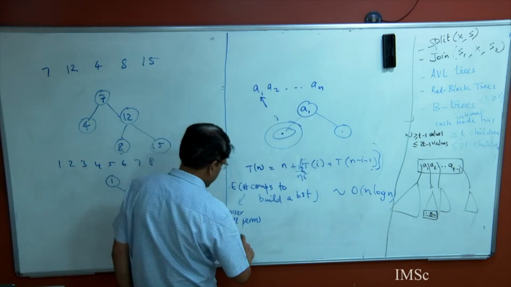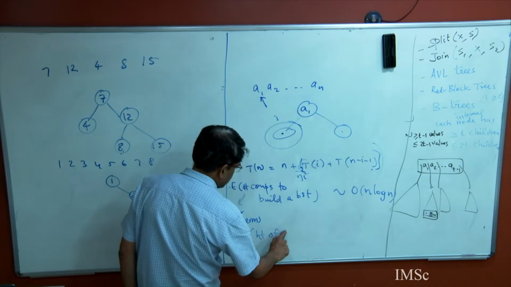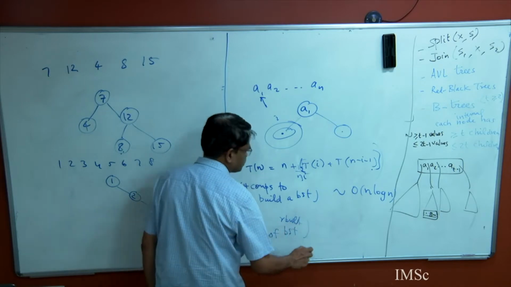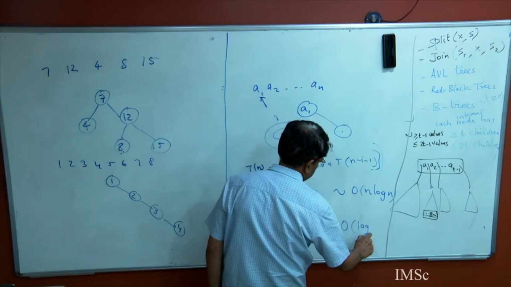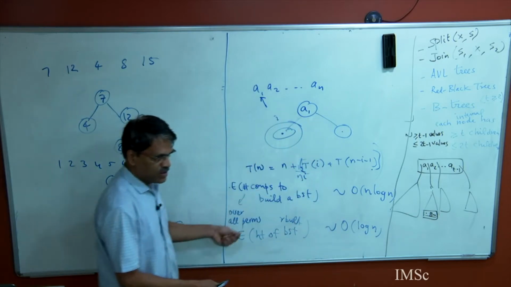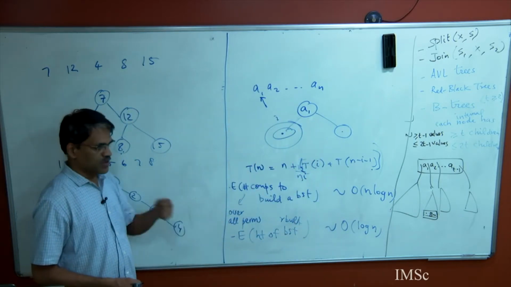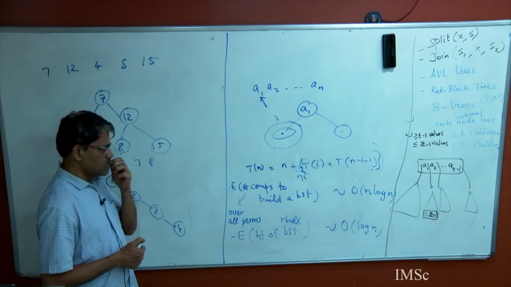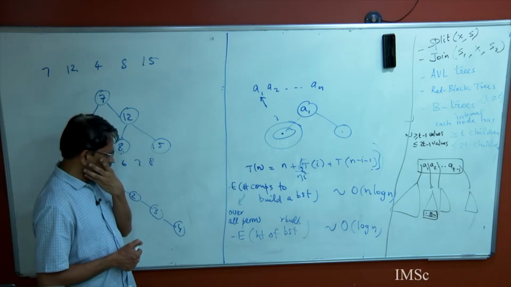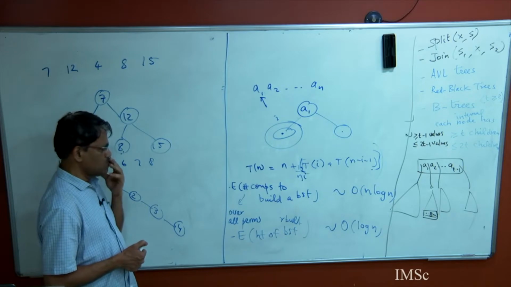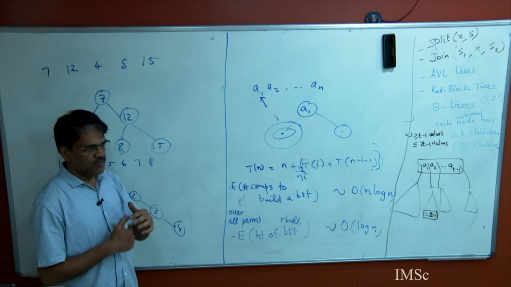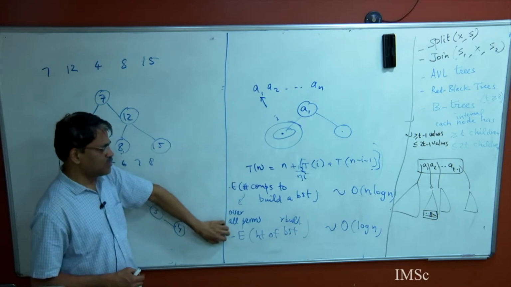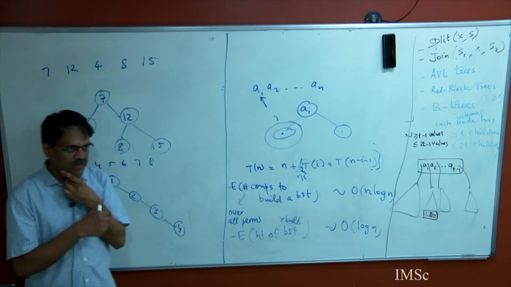And it turns out the expected height of such a randomly built binary search tree is also order log n. I mean, this does not immediately follow from here, but you need some tail analysis and argue something about it. Again, some useful facts. I am not going to really prove them, but at least this you can prove. This requires a bit more work to argue, but along the same lines.